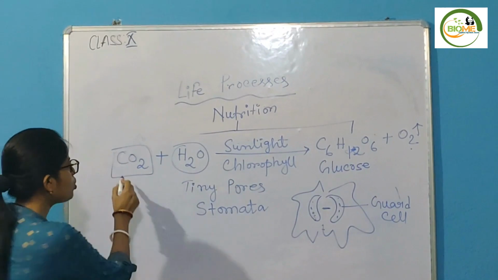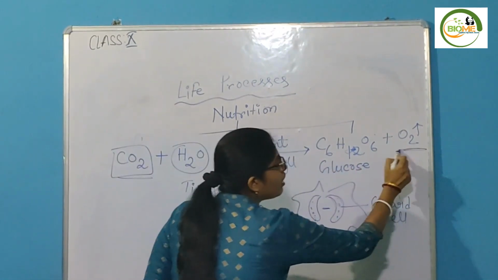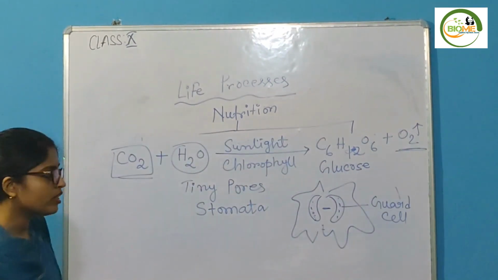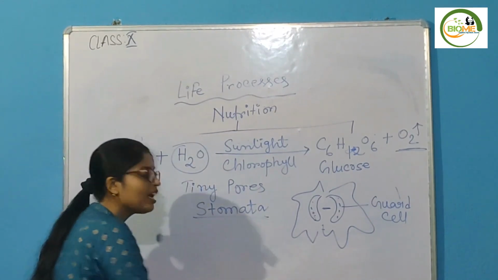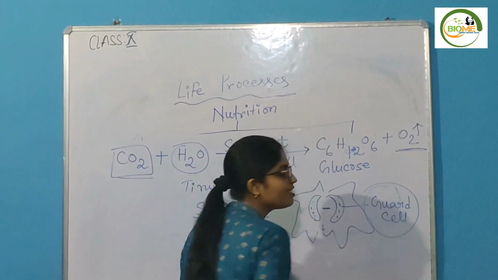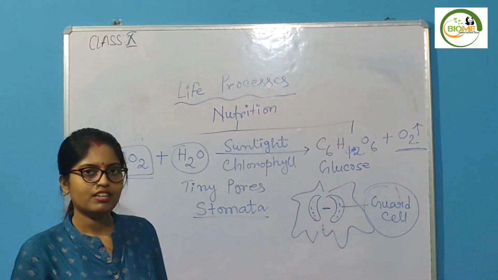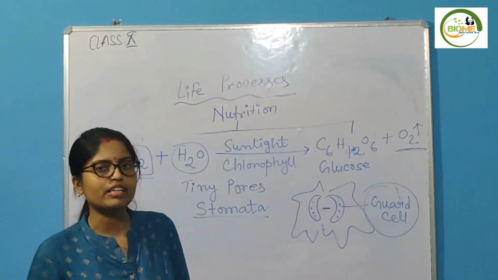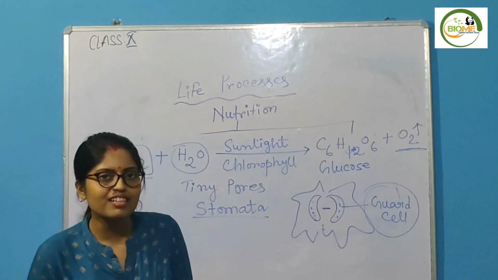The CO2 and O2 exchange is done by the plant body with the help of stomata, and stomatal action is controlled by the guard cells.